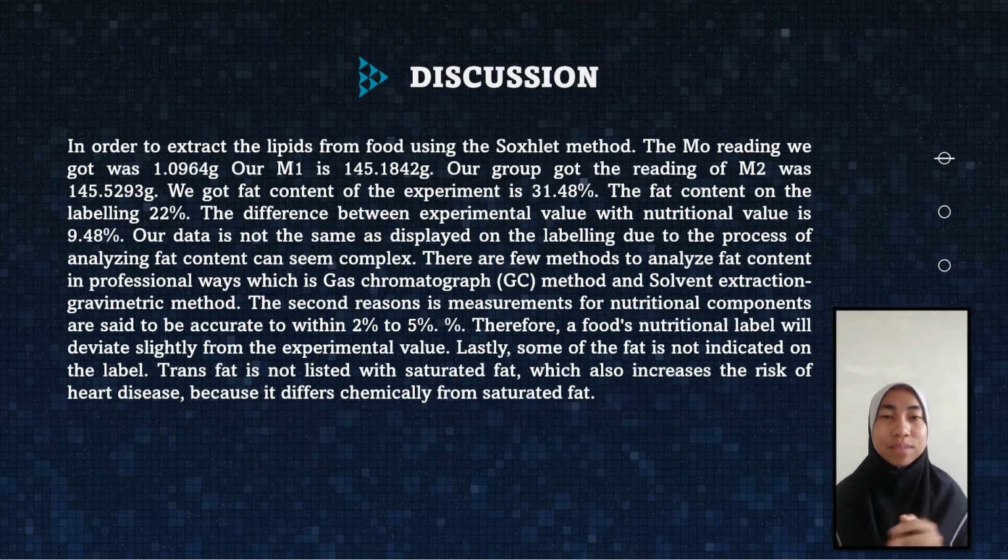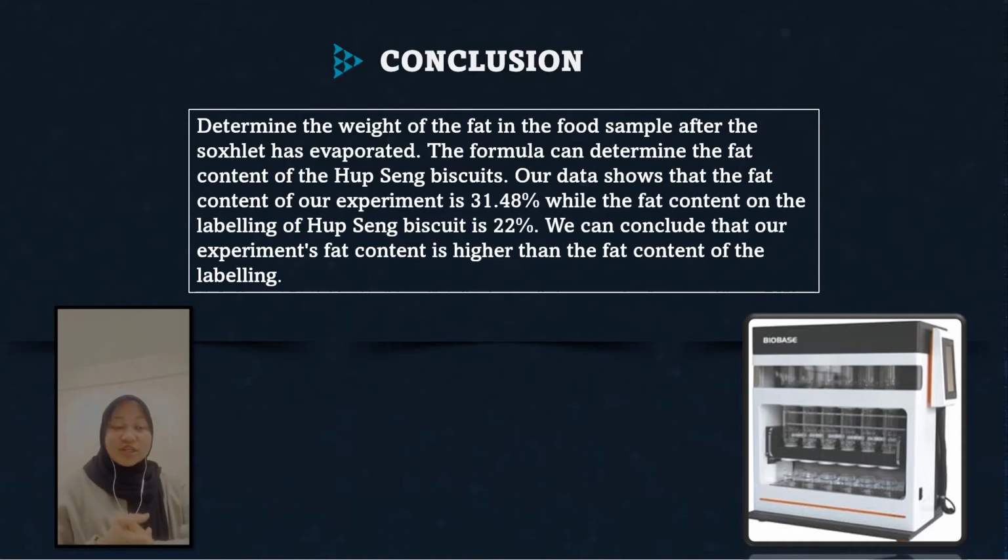In conclusion, we can obtain data on the fat of experimental samples by using the Soxhlet method on a variety of snack food samples. We may compare the data we obtained to the fat listed in the nutritional labeling. A variety of snack food samples can be processed using the Soxhlet method to determine the sample's lipid or fat content.